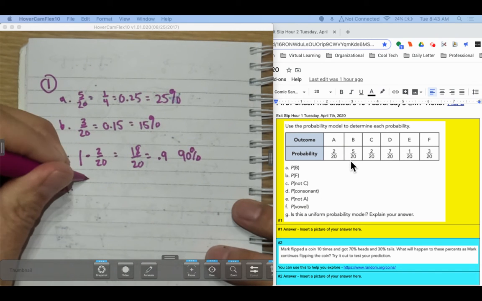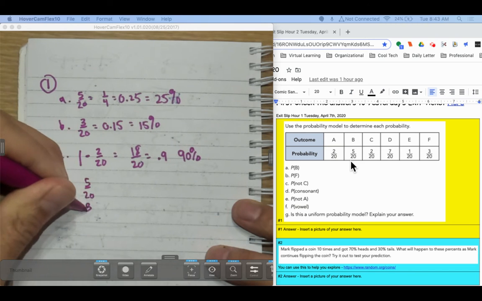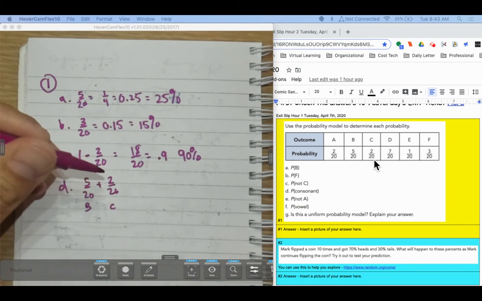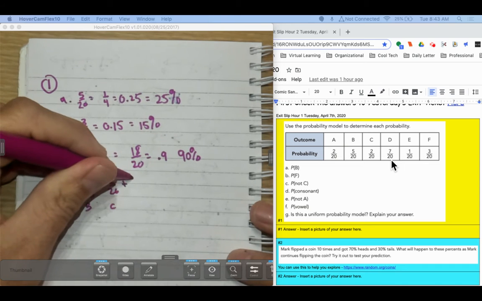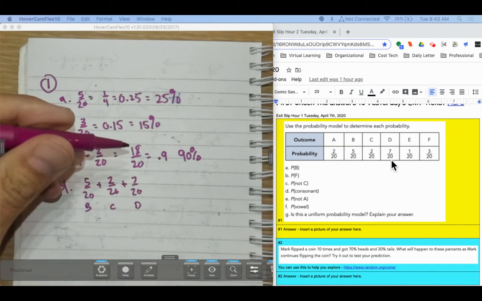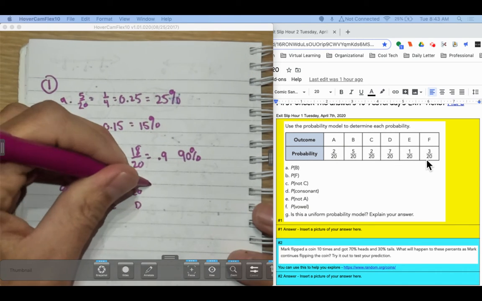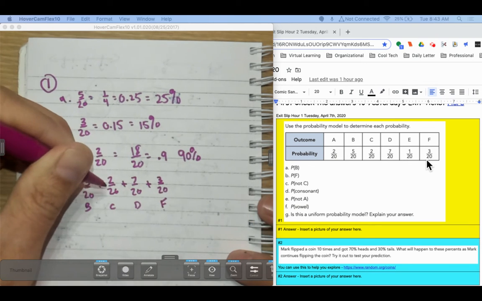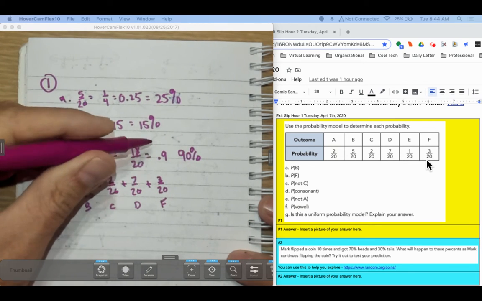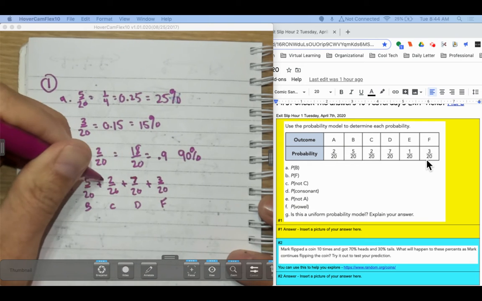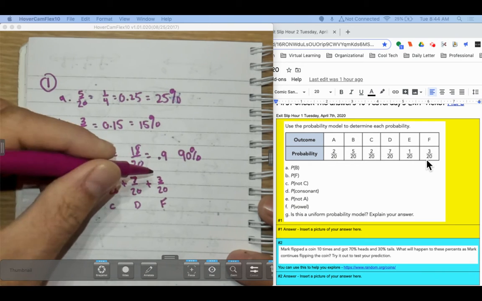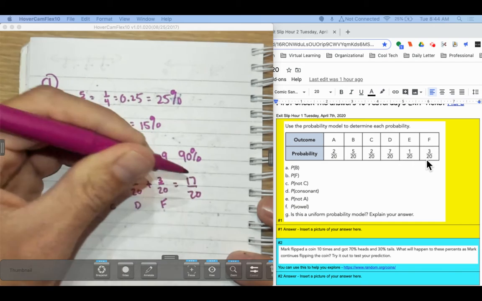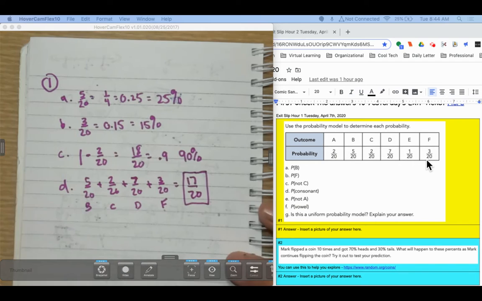So B, C, D, not E, and F. So 5 over 20 plus 2 plus 2 plus 7, 5 plus 2 plus 7 plus 3, 10, 17, 17 over 20 should be my right answer for that.